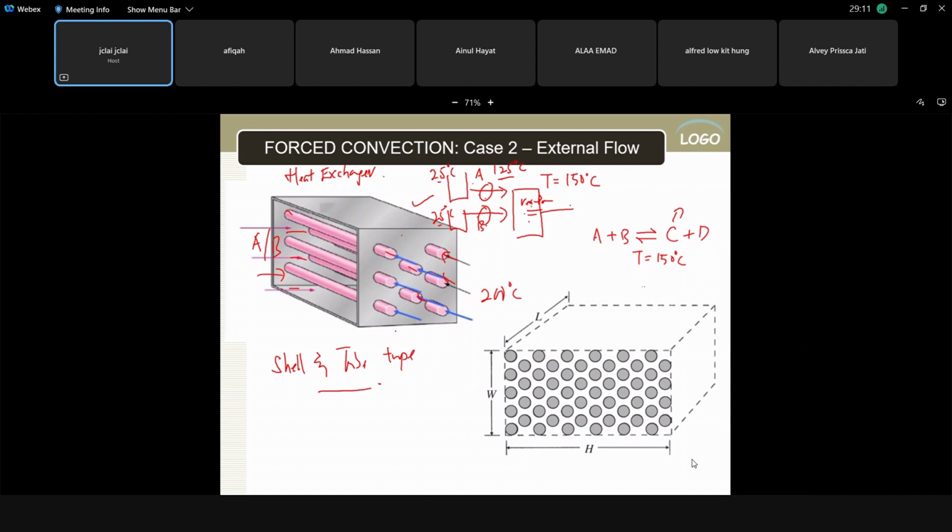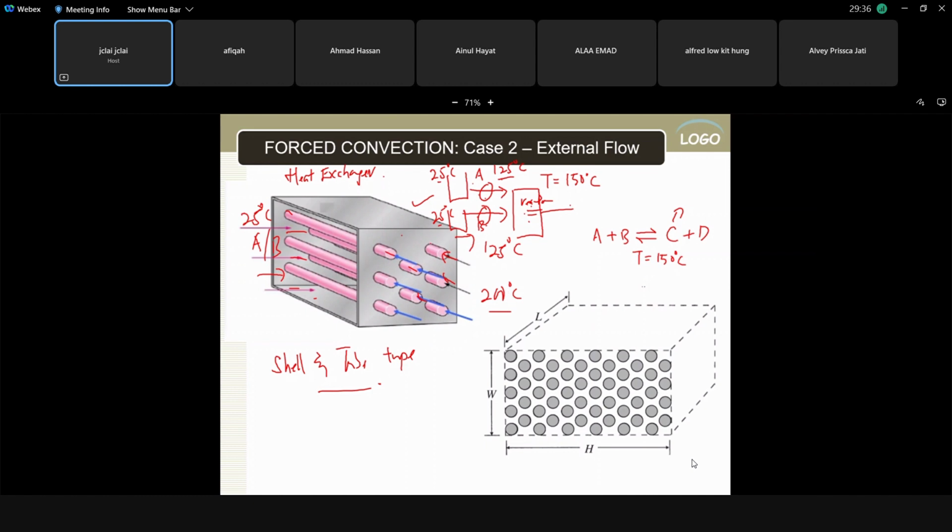Okay, so this is where heat transfer happens. You heat up your raw material from 25 degrees Celsius. Okay, when it enters it is 25. When it exits the heat exchanger, it becomes 125 degrees Celsius. You heat it up using steam at 200 degrees Celsius.